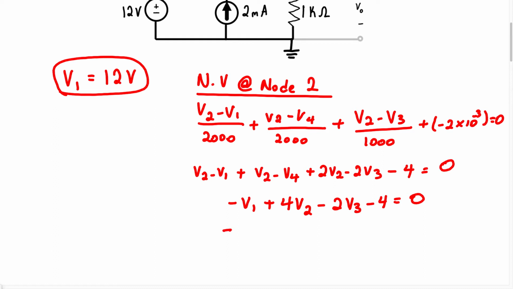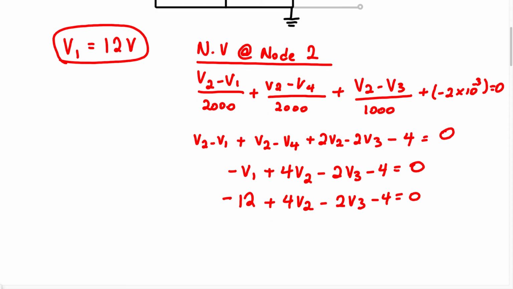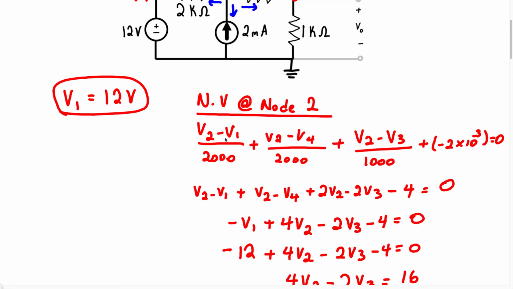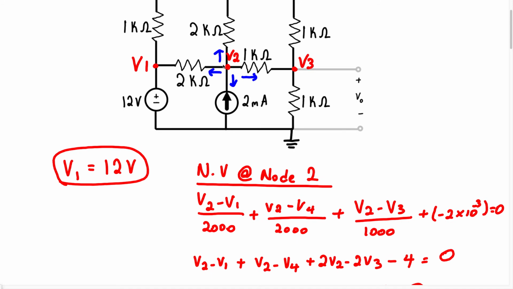We can say negative 12 plus 4V2 minus 2V3 minus 4 equals 0. Therefore, we're going to be left with 4V2 minus 2V3 equals positive 16. So this is one of our equations, and this is going to be the node voltage equation at node 2.